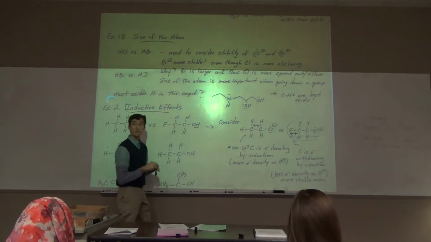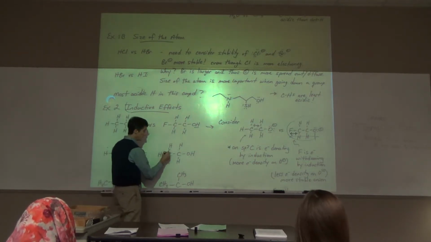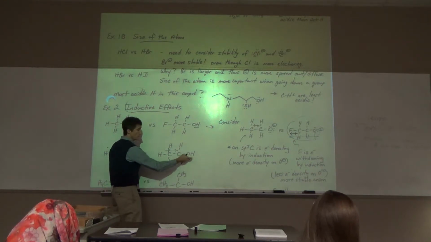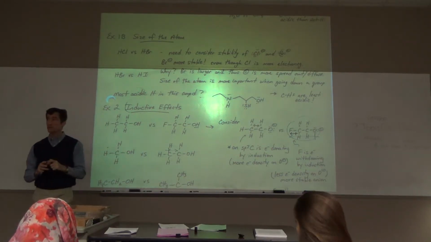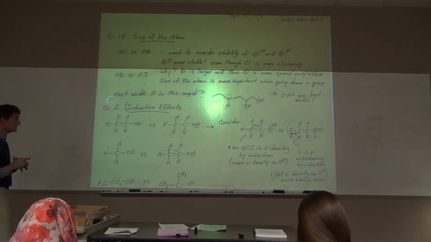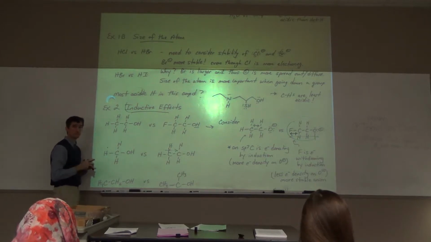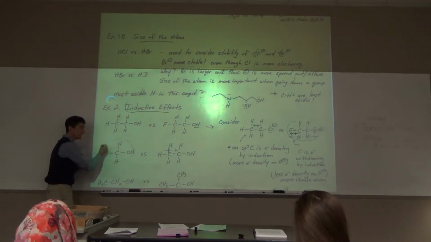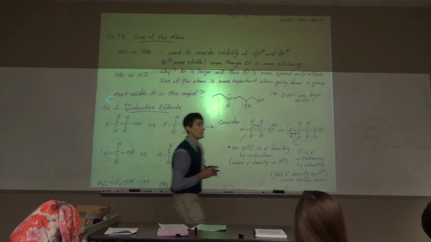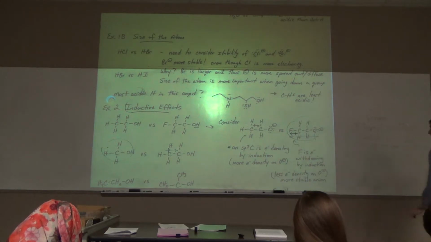It donates by induction. What's that going to do to the anion? Is that going to stabilize it or destabilize it? Destabilize it. So which is more acidic? First one, right? Everybody good?